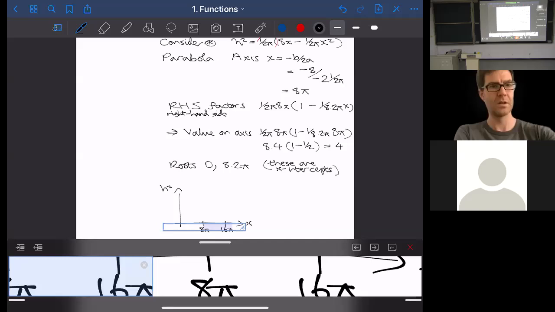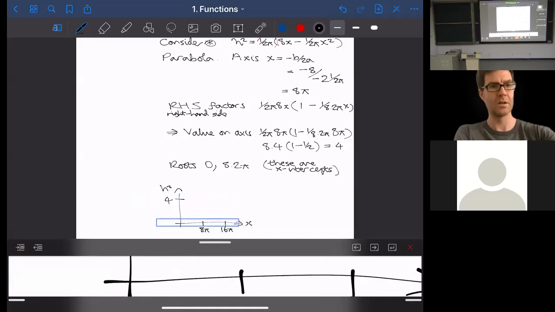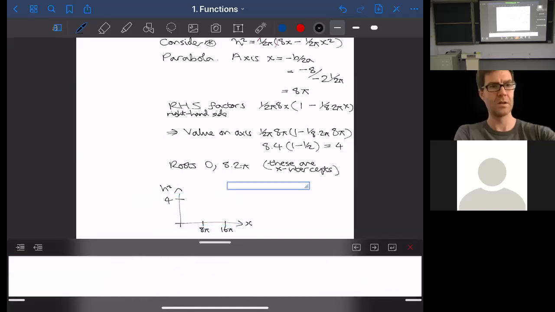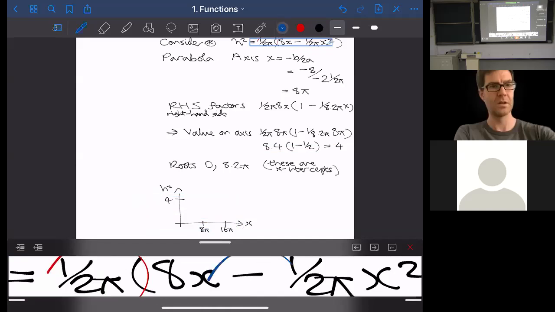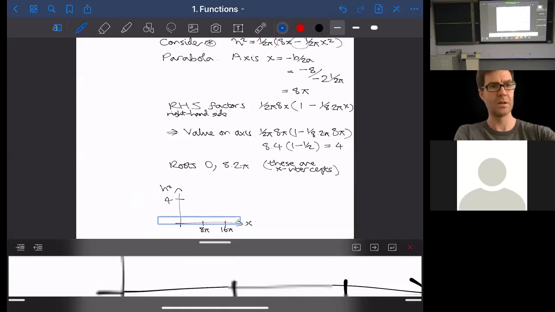The value on the axis is four, and we have a minus here, so the parabola opens down.